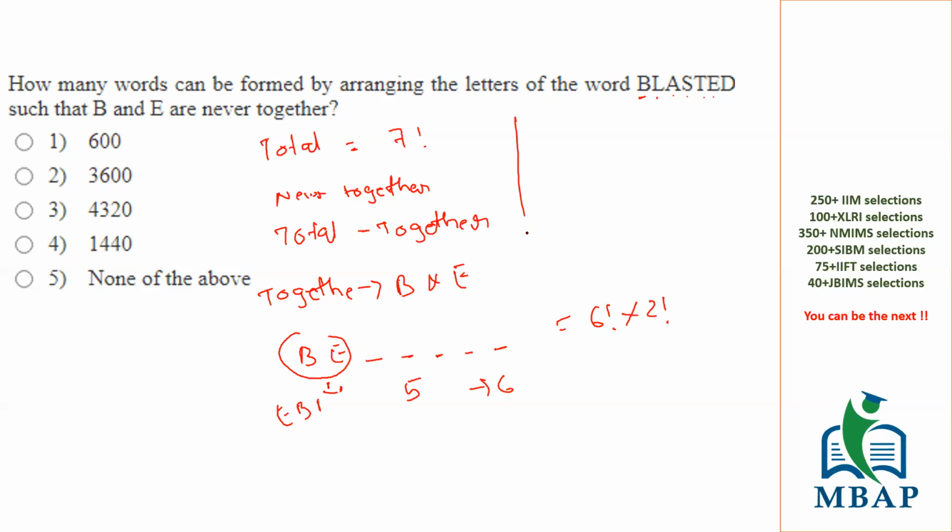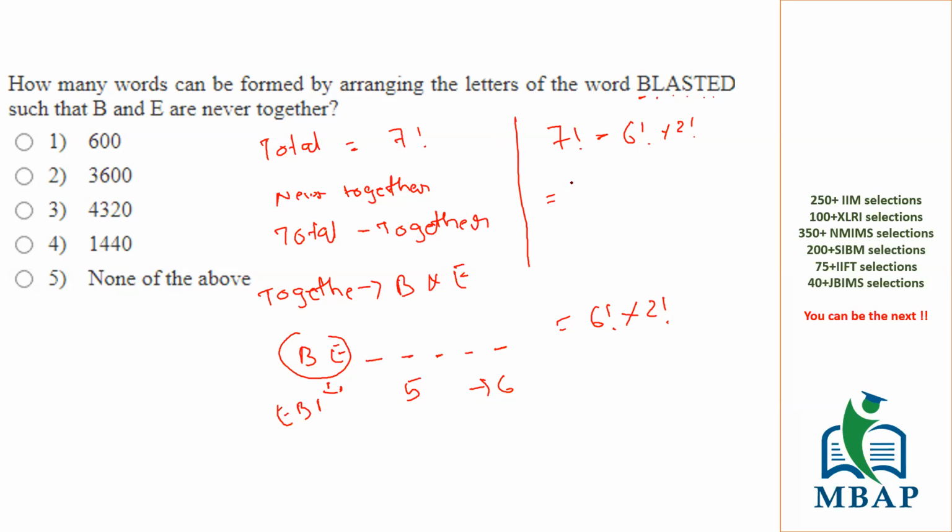So our answer is total number of ways, 7 factorial, minus together. Whenever B and E are together, it is 6 factorial into 2 factorial. Right? So that is our answer.